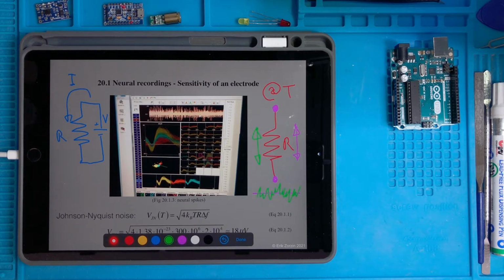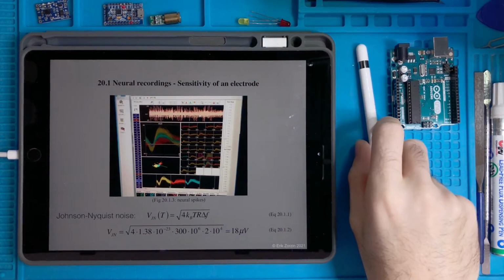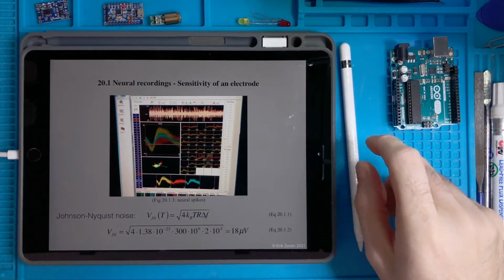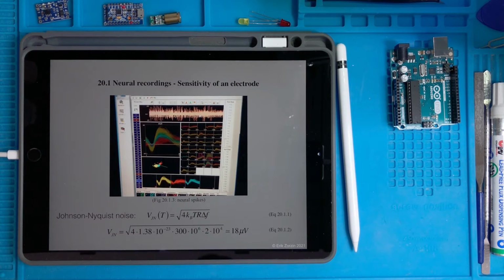So why is it like this? Well, because the temperature will make the electrons inside the resistor shake. The temperature is interpreted as energy of those particles, the electrons. We know they can move in a conductor, so if they receive energy they will move.